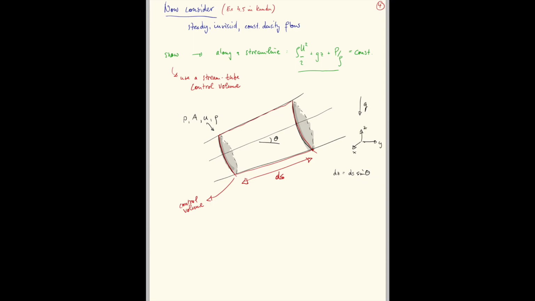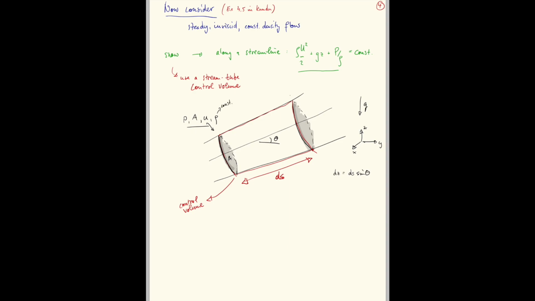There'll be an extra pressure force at the distance ds relative to the original cross-section here. The original cross-section here has values pressure P, area A, density rho, and velocity u. The density is constant, since we said we have a constant density flow.